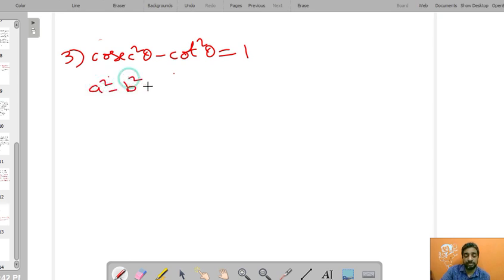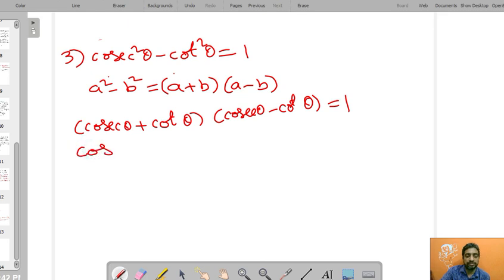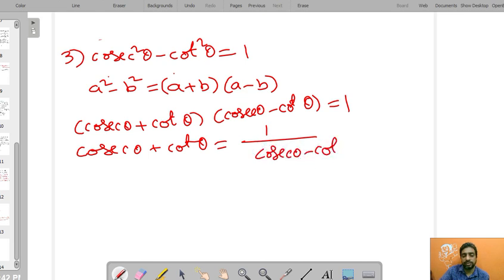Hence we can write cosecant theta plus cot theta into cosecant theta minus cot theta is equal to 1. Send one of the terms to the right hand side. So cosecant theta plus cot theta is equal to 1 by cosecant theta minus cot theta.